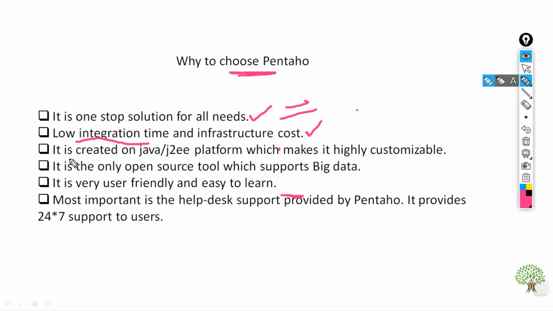The next reason is that Pentaho is created on the Java platform, which makes it highly customizable. Another reason is that it's an open source tool which supports big data. If you have a huge amount of data sources, as we have right now, let me explain through a diagram.